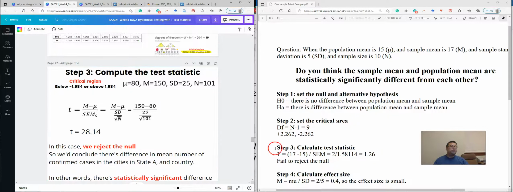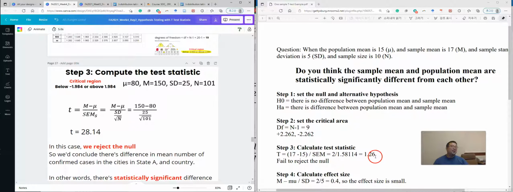So 17 minus 15, sample mean minus population mean, divided by the sampling error, which is 5 divided by the square root of 10, approximately 1.58114. So 2 divided by 1.58114 is 1.26.